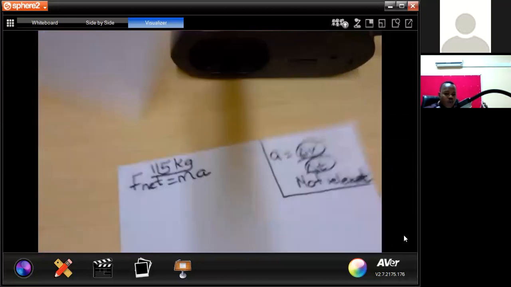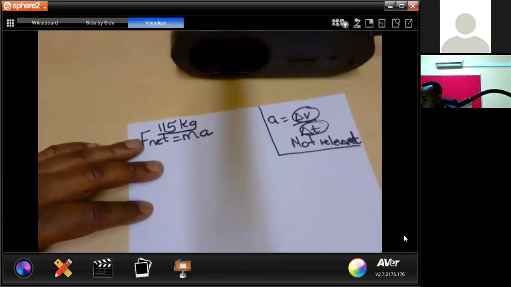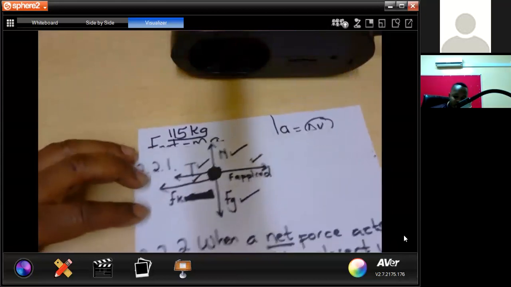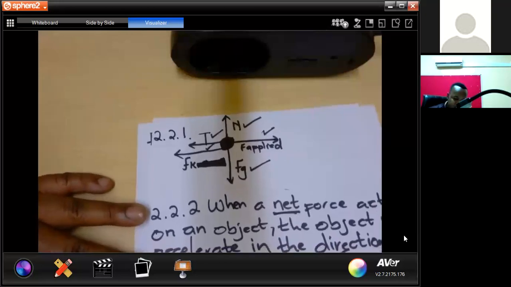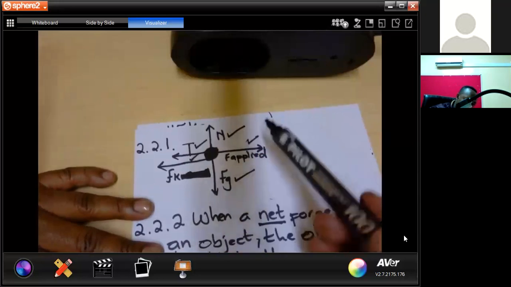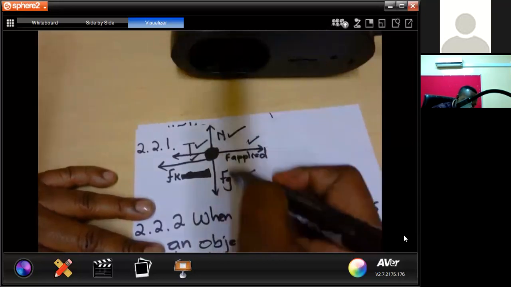Now, if we deal with the 115 kilogram object, remember we drew the free body diagram for the 115 kilogram object, and it was this one altogether. And we are saying for the net force, this force and that force, they balance each other.